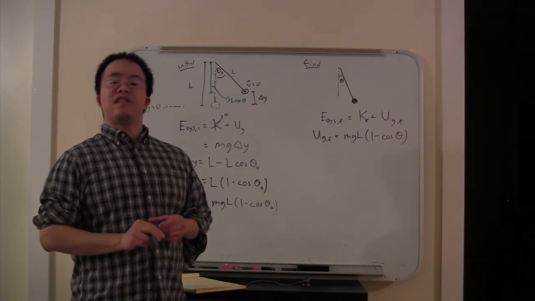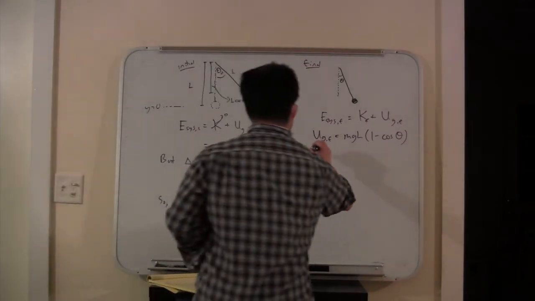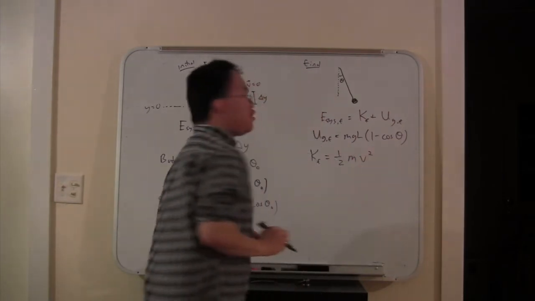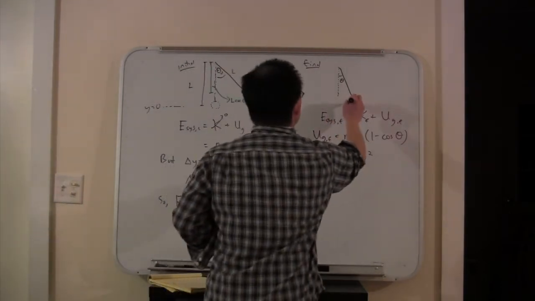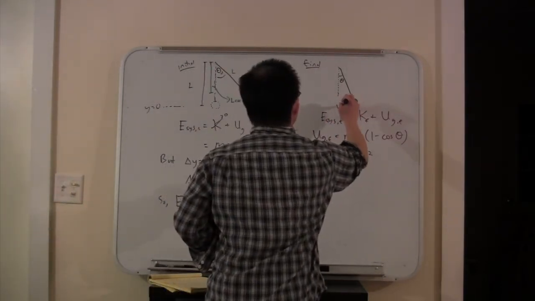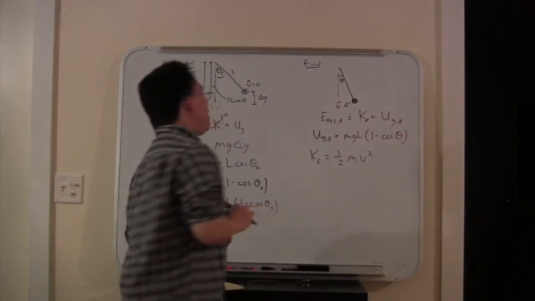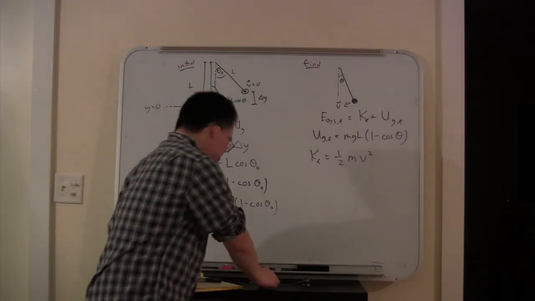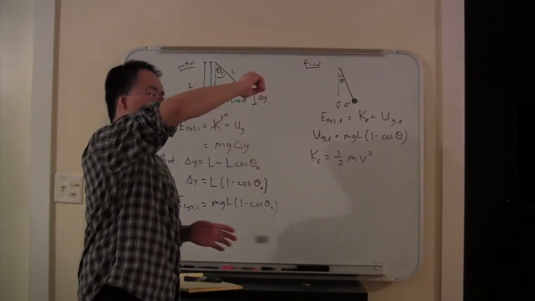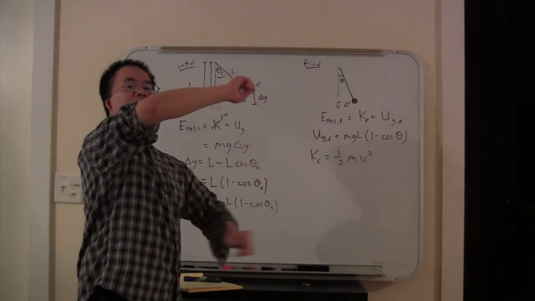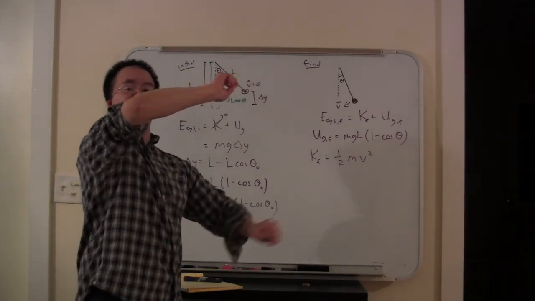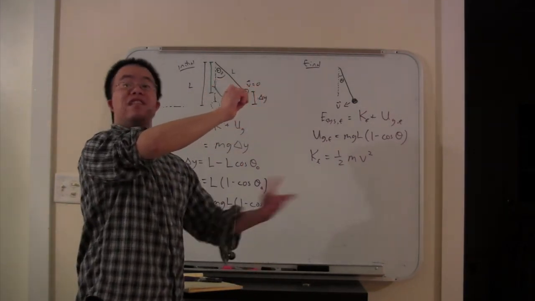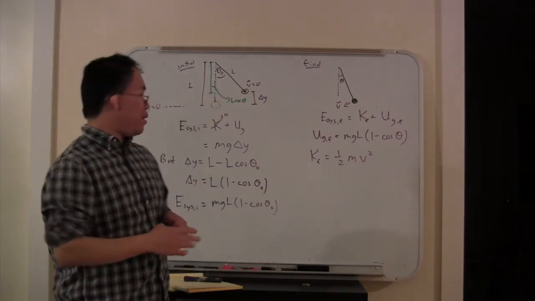So the last bit is just to get the kinetic energy. K final is 1/2 m v squared, where v is our speed. Let me draw a little velocity arrow here. What we need to remember is that this pendulum bob is undergoing circular motion, and so we can relate its linear speed v to the angular speed, omega or d theta dt, of the bob.